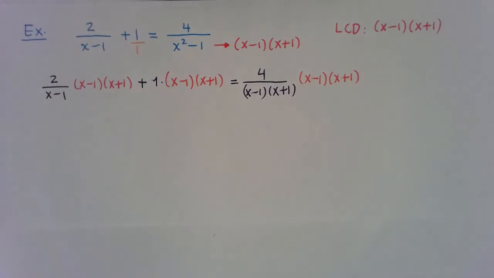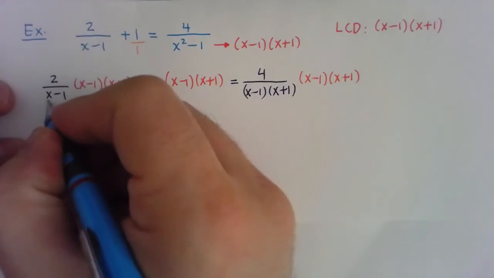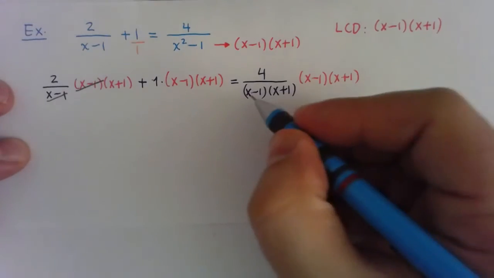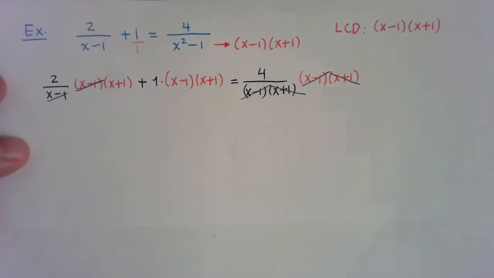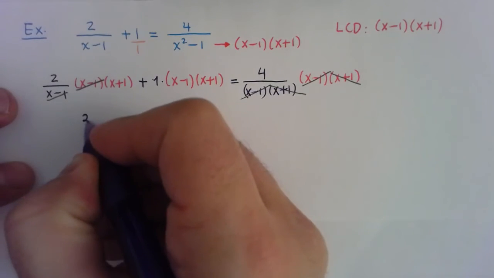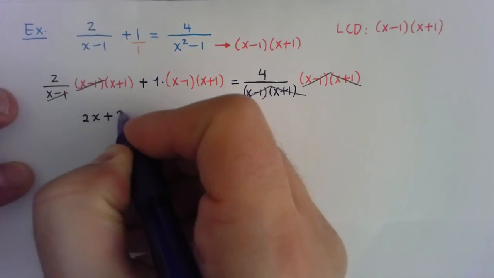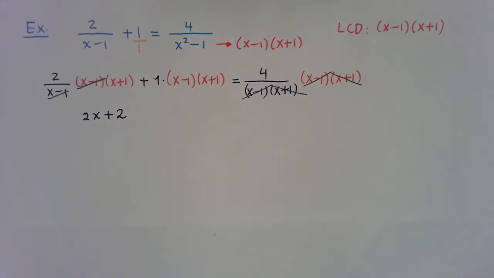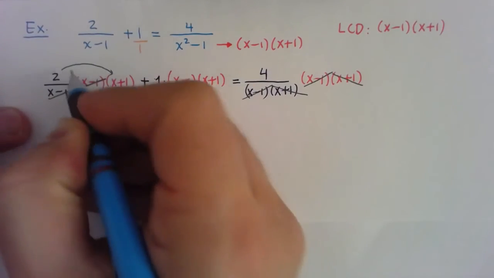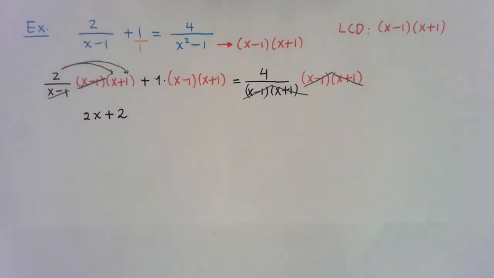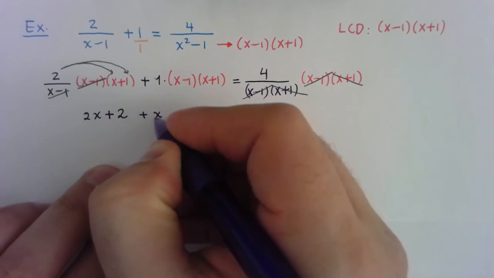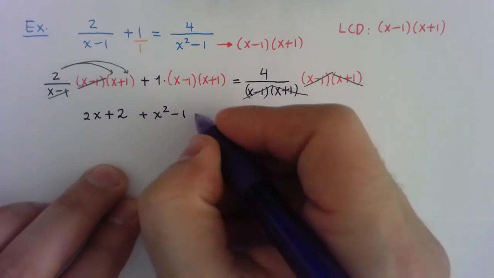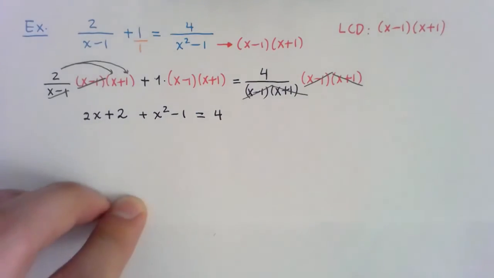Now let's do the cancellations. The x minus 1s cancel, and the x plus 1s cancel. So I got 2x plus 2, because we distribute that 2 to x and then to 1. Here, that's the difference of 2 squares, so it's plus x squared minus 1. At the right side, you simply have 4.